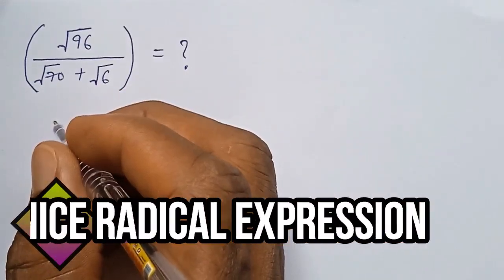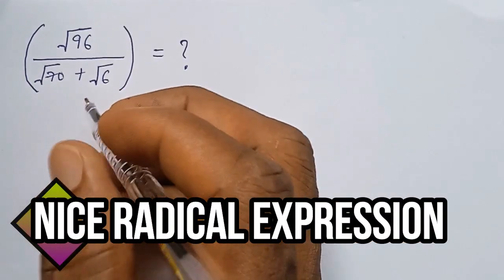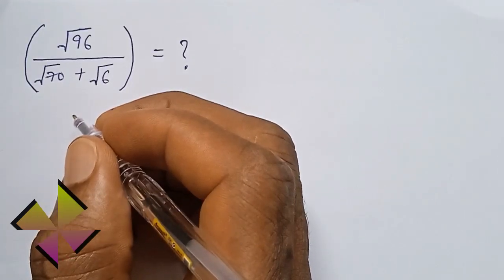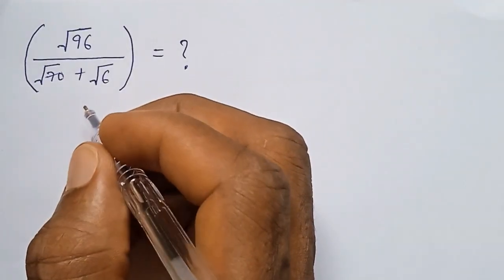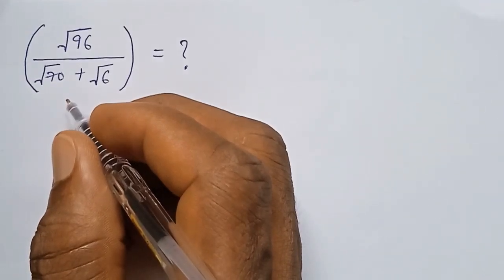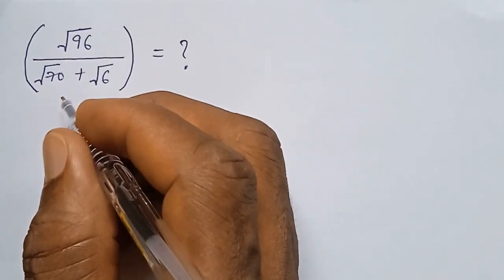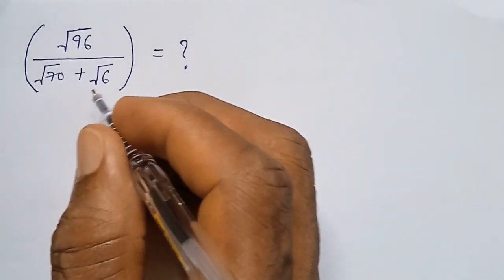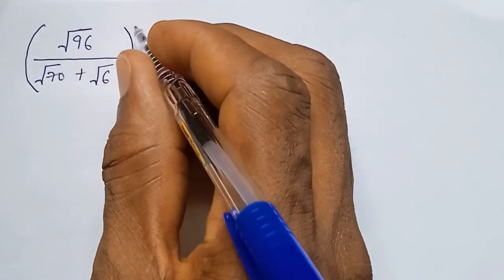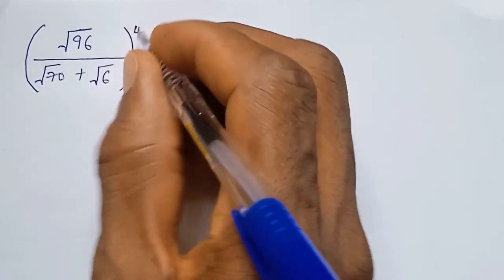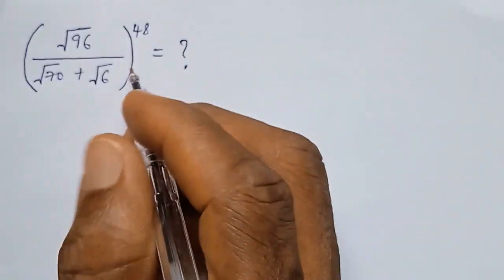In today's lesson, we are going to simplify or evaluate this expression: square root of 96 over square root of 70 plus square root of 6, all in brackets raised to power 48.